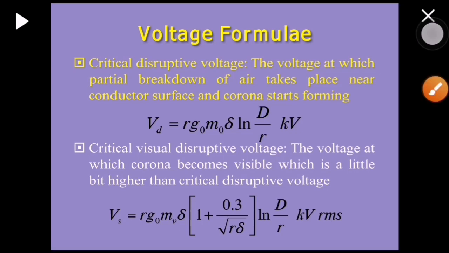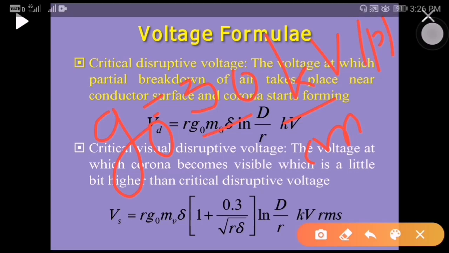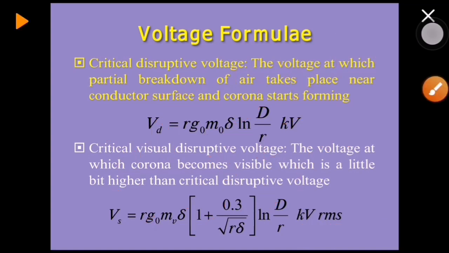Thus, we will represent this breakdown strength of the air as G0, and that is equal to 30 kV per centimeter, and that is the peak value. If you want to get RMS value, divide 30 by root 2.